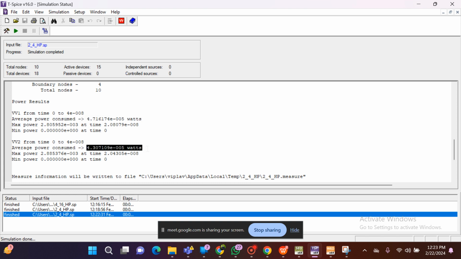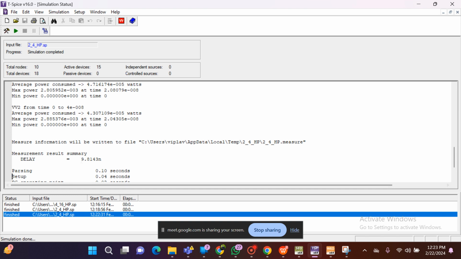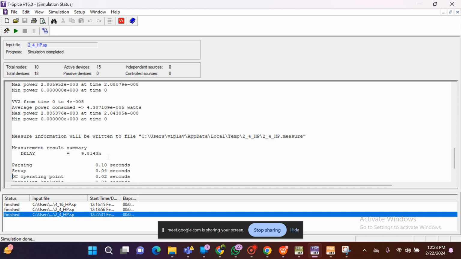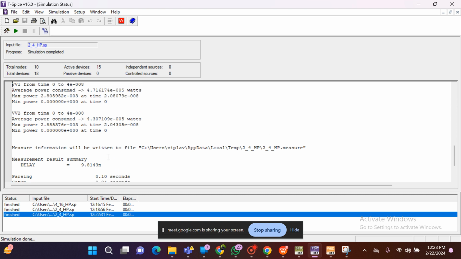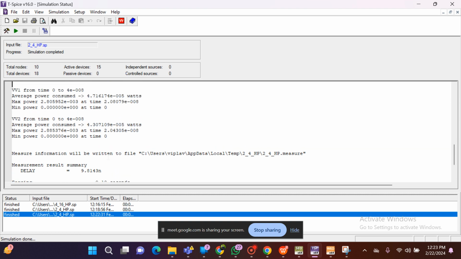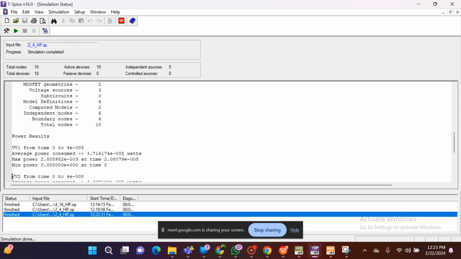So power consumption, and then next delay, 9.8 something delay. And then next, MOSFETs. So 15 MOSFETs are there. MOSFET count is nothing but area. Average power consumption is 4.7.